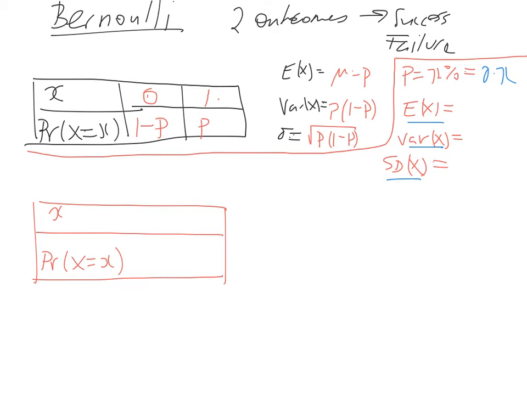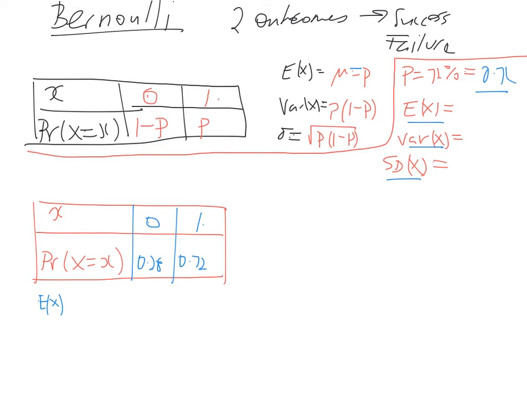So basically, we put this into a table, with failure and success. If we've got 0.72 for the probability of success, then the rest of it is 0.28.